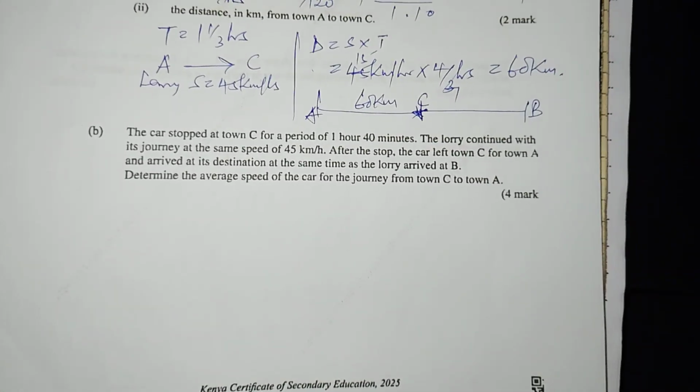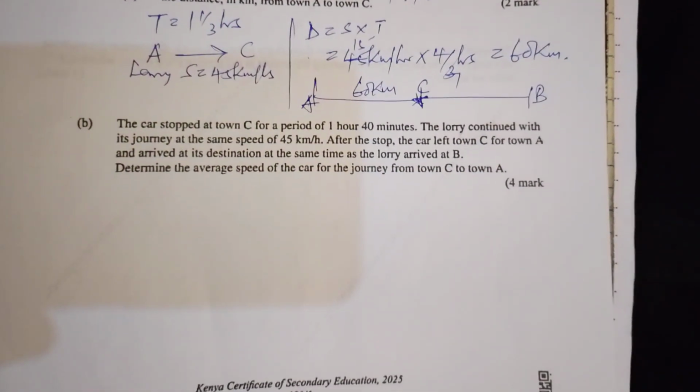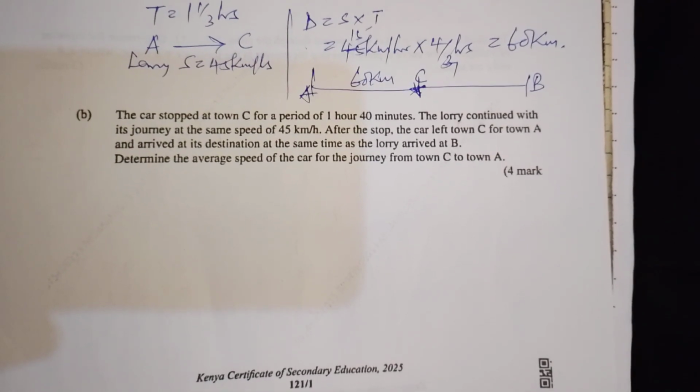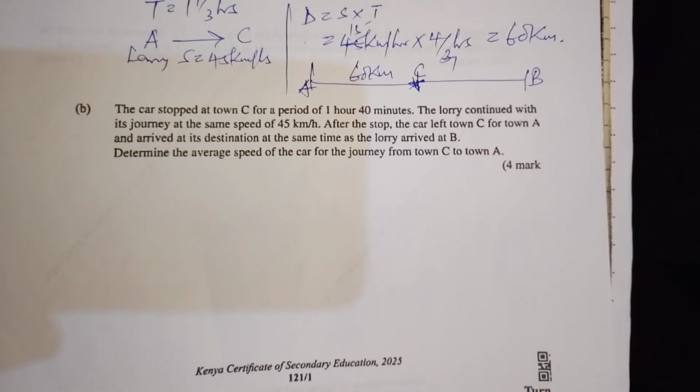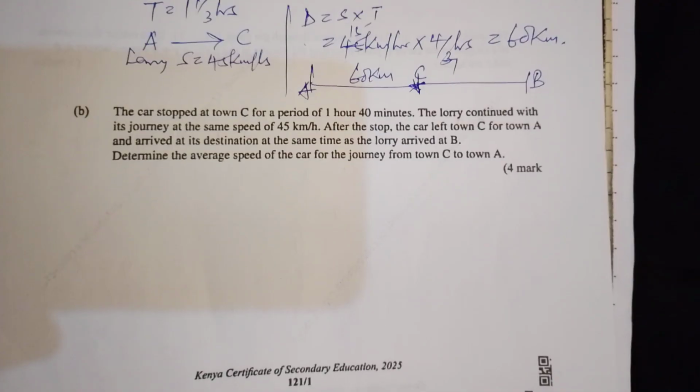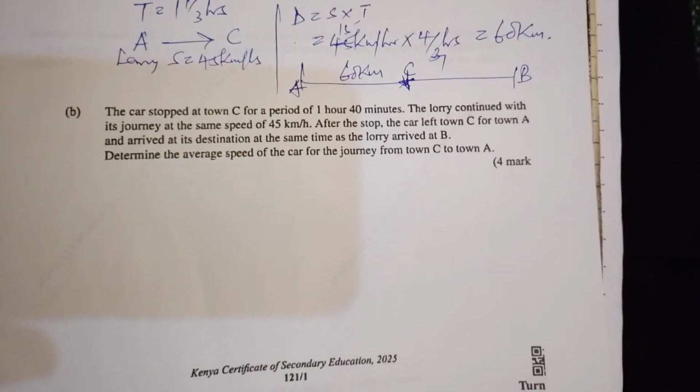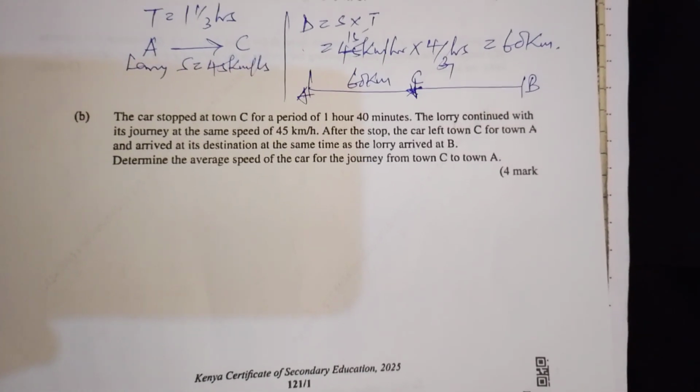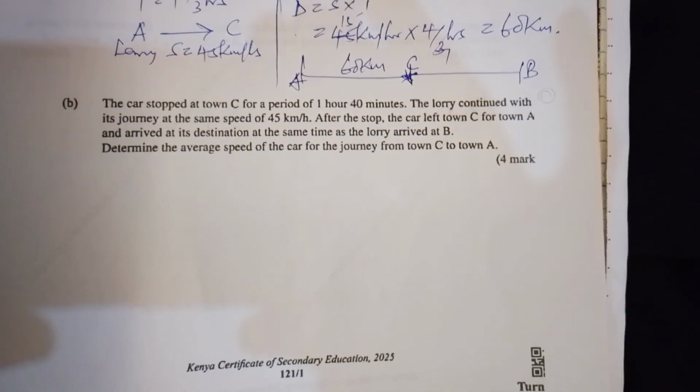Next part, they are saying the car stopped at town C for a period of 1 hour 40 minutes. The lorry continued with its journey at the same speed of 45 kilometers per hour.